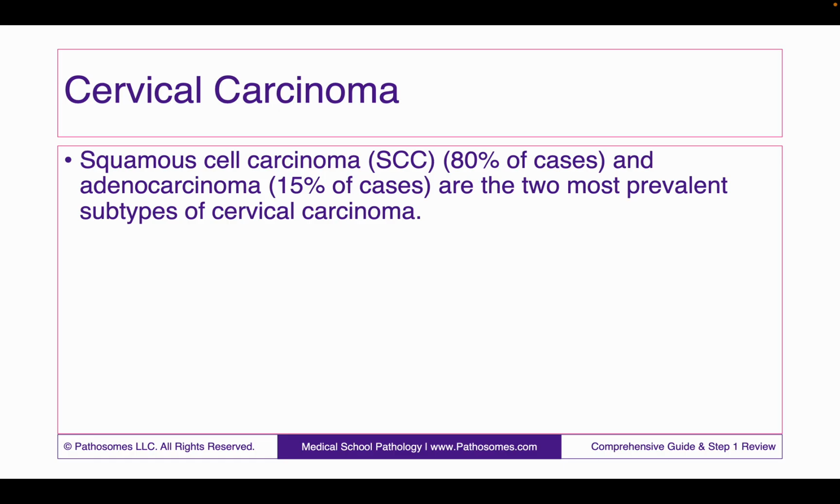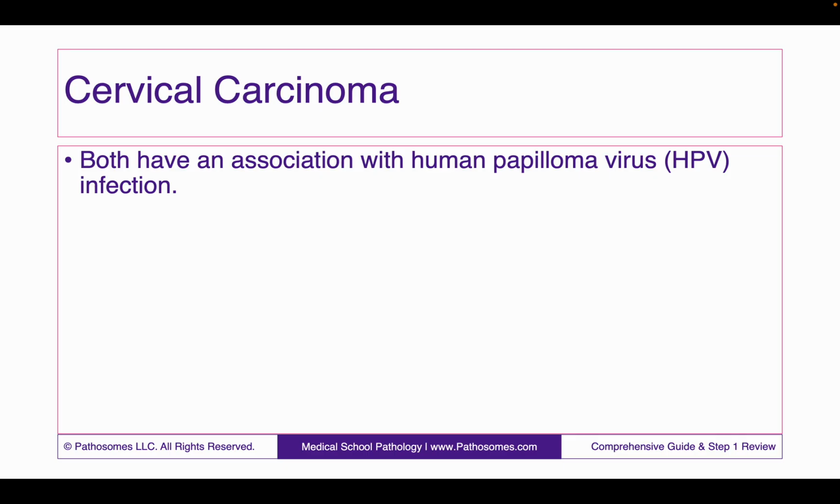Squamous cell carcinoma is about 80% of the cases of cervical carcinoma, and adenocarcinoma is about 15%. They are the two most prevalent subtypes of cervical carcinoma. Both have an association with human papillomavirus infections.